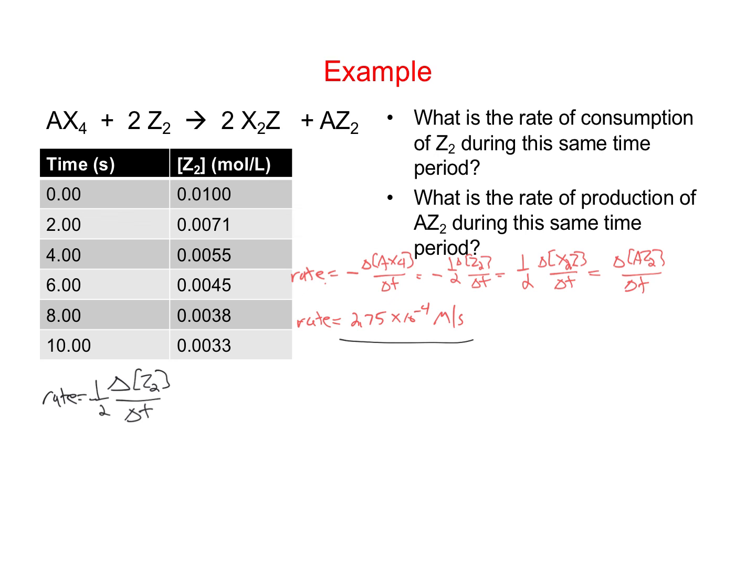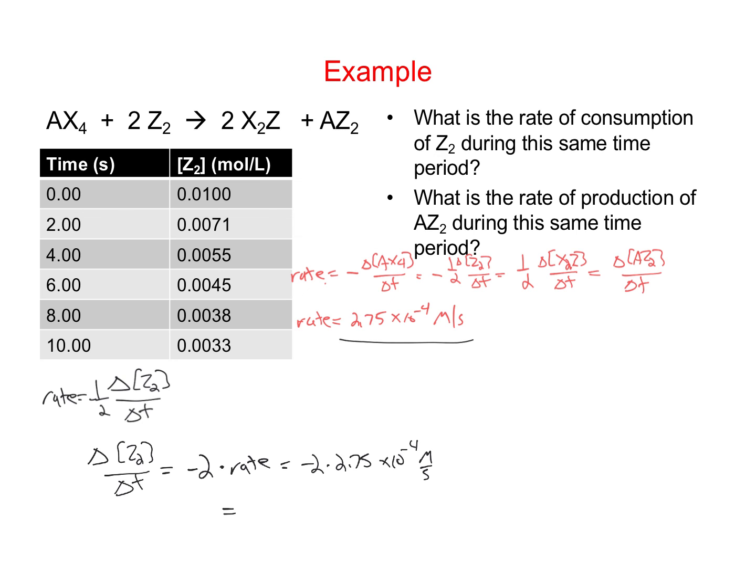All I have to do is plug in the rate, move the minus 1/2 to the other side, and that'll give us what we're looking for. To rearrange that, delta Z2 delta T is now going to be minus 2 times the rate. So that's going to be minus 2 times 2.75 times 10 to the minus 4 molarity per second.